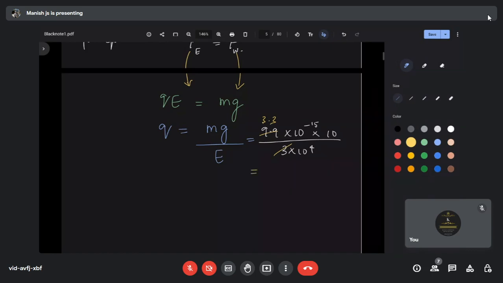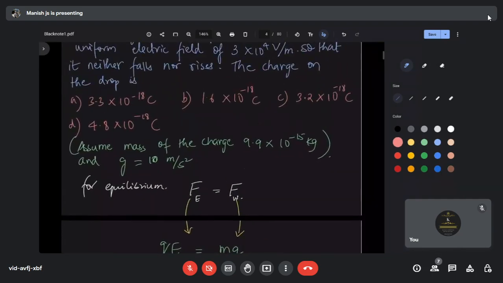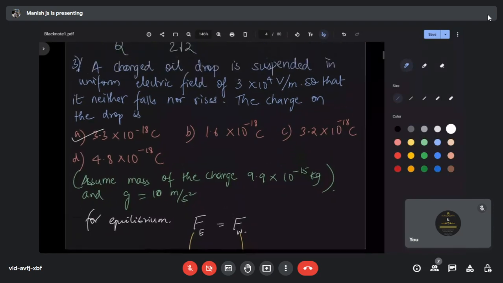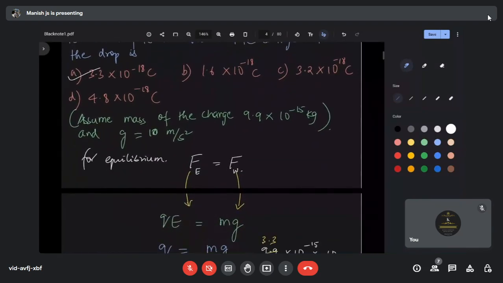How much are you getting? 3.3 into 10 power minus 18 coulombs. இல்லையா? Yes, that is the answer. Option A. Correct. Option A is the answer. ஓகேங்களா? This is how you approach these type of question.